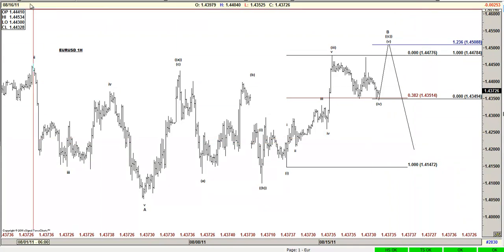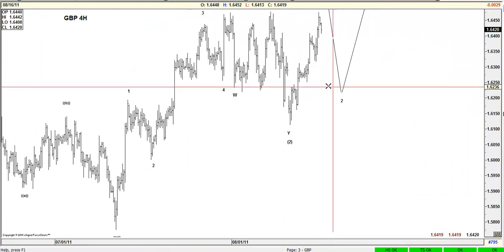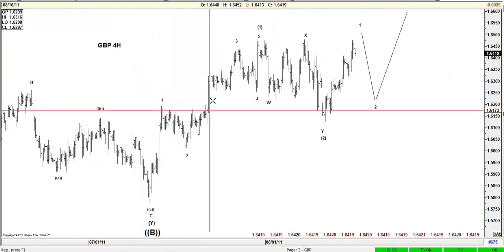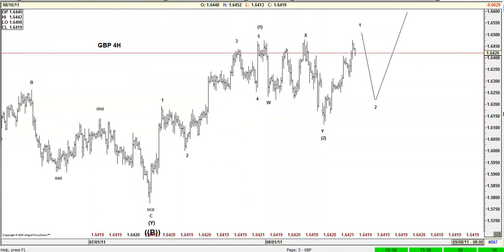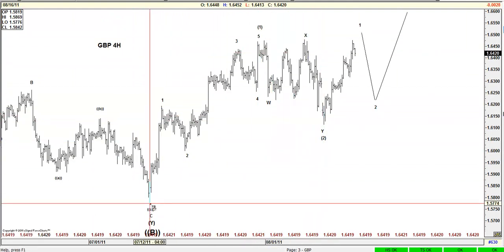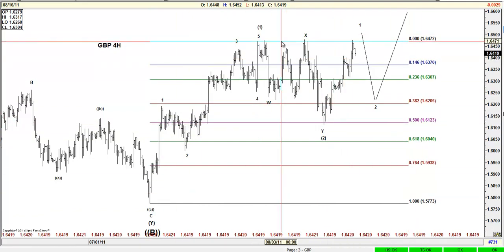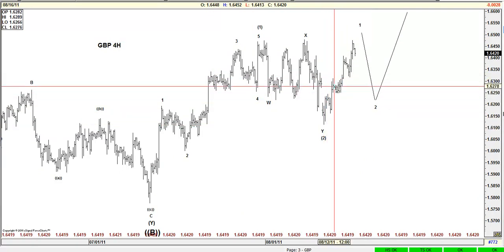Why do I say that? Look at the pound, guys. On the pound side, this is our principal count. We have 1, 2, 3, 4, 5 WXY that went to the 50% retracement of the previous 5, and now it looks like a clear, nice 5-wave move.